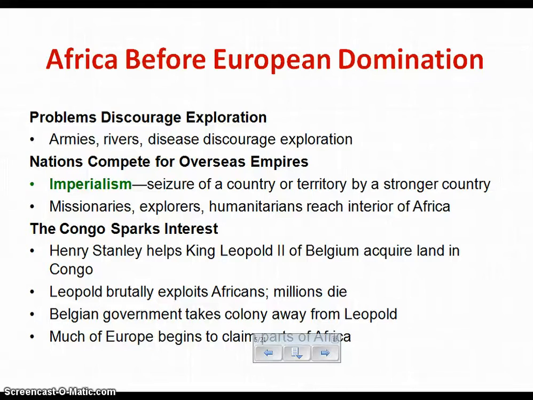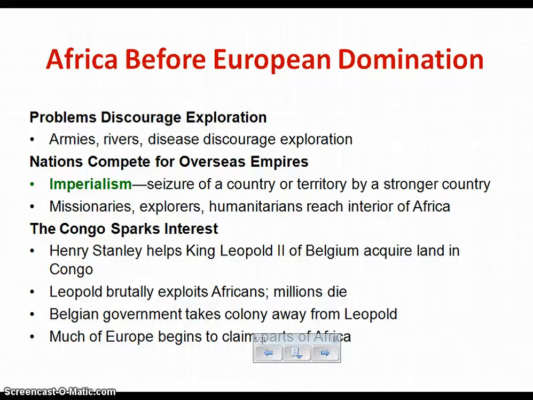So after Stanley gets all these African tribes to sign over their land, Leopold turns around and uses those Africans as basically slaves to try and get more resources for Belgium. What is very interesting about this is that Belgium itself is quite a small country.